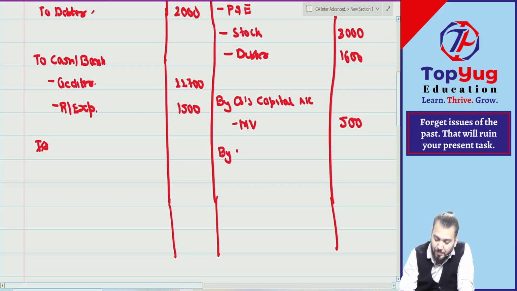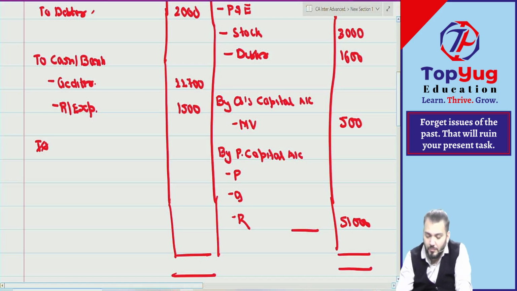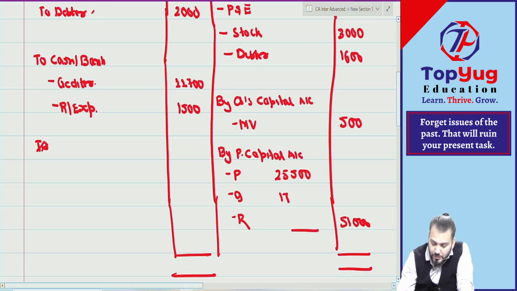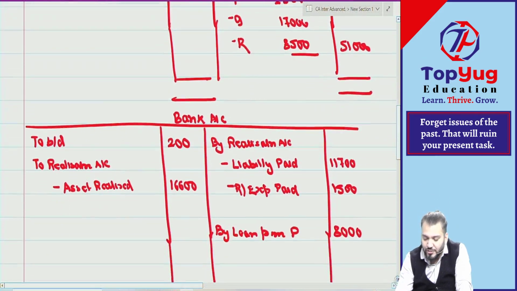So we write down by partners' capital account, and this will be allocated to P, Q, R. The total is 51,000. Can you allocate in 3 is to 2 is to 1? 25,500, 17,000, 8,500. Got it? So this will be transferred to all partners.